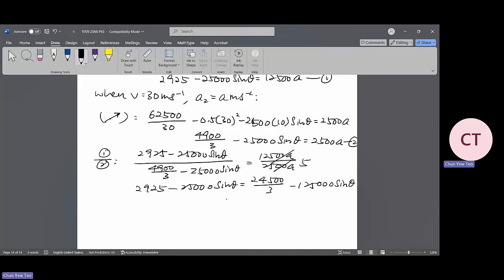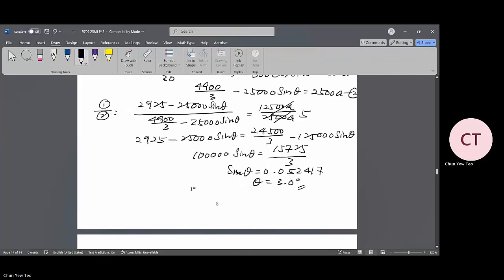So at the end you get 100,000 sine theta is equal to the 15725 divided by 3. Then you can get your sine theta is equals to the 0.052417. Your theta will be 3.0 degree, correct to 1 decimal place.